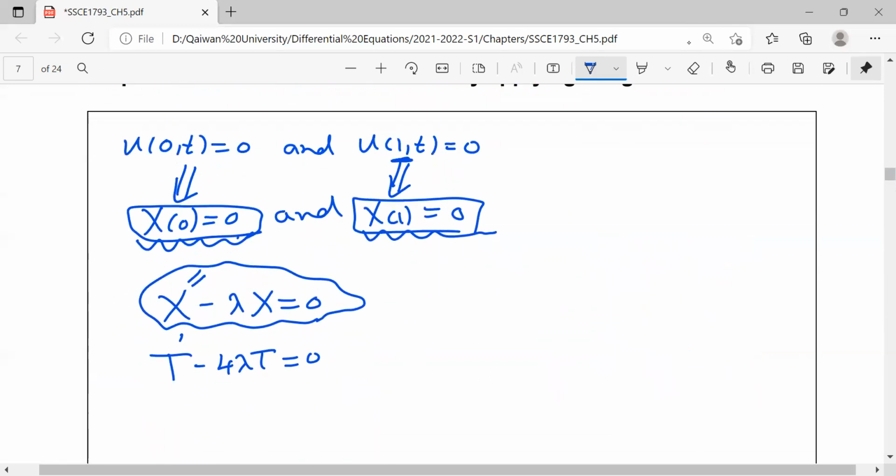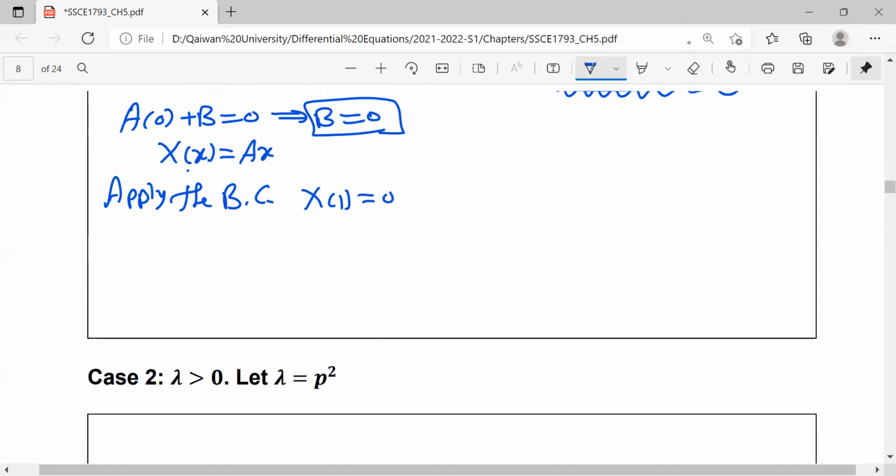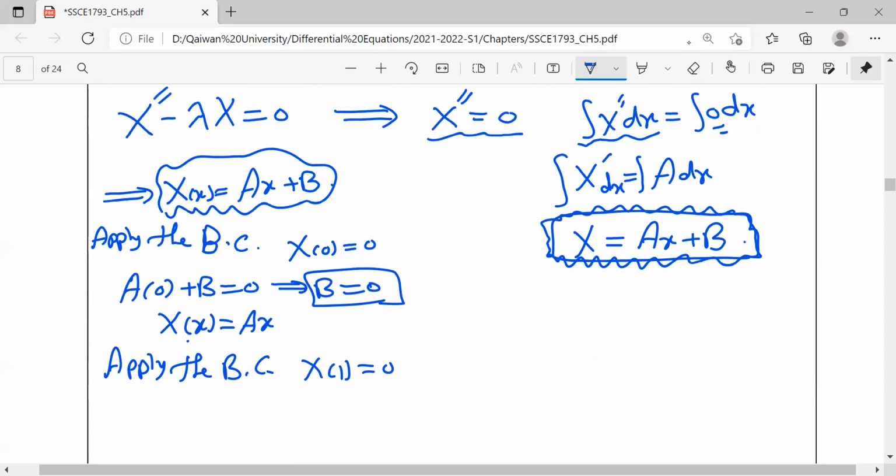We replace x by 1 here and it equals 0 because b is 0. We say a times 1 equals 0, so a is 0. Now we found the value of both constants in the solution.